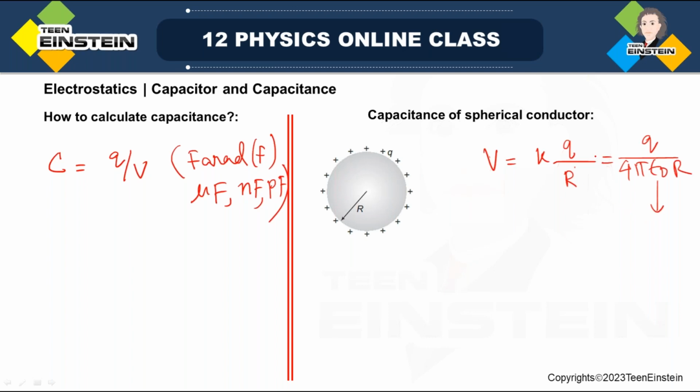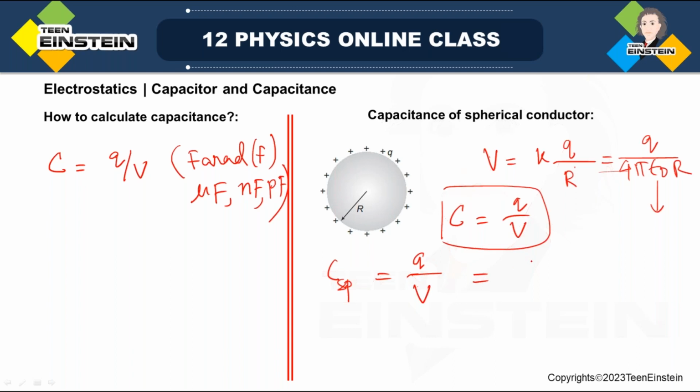Then if we want to calculate C for this spherical conductor, we know C is equal to Q by V.